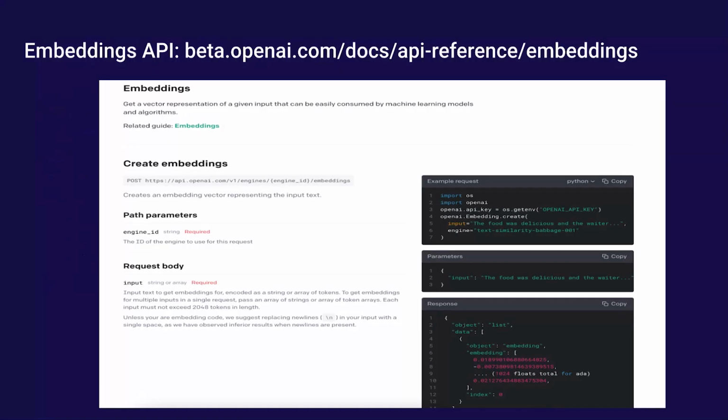So there's an embeddings endpoint that has actually been around for more than 6 months now, and it's been used quite widely. So here you can just pass in an input text or code, and you get back a vector of numbers, basically, that capture the information about that input.